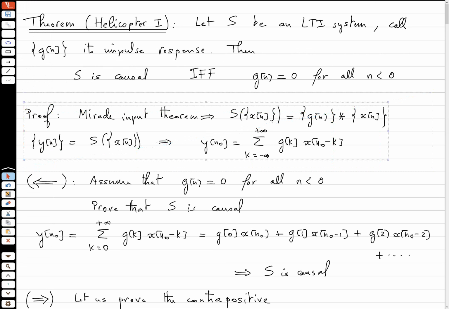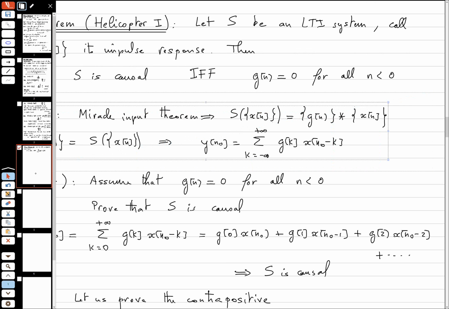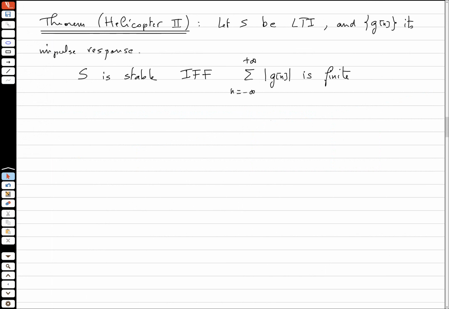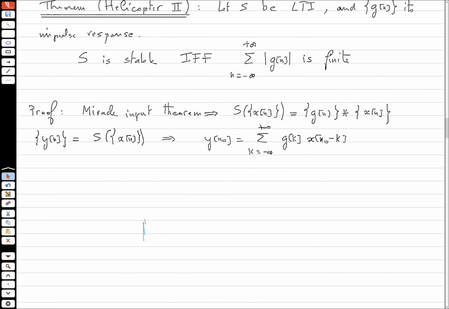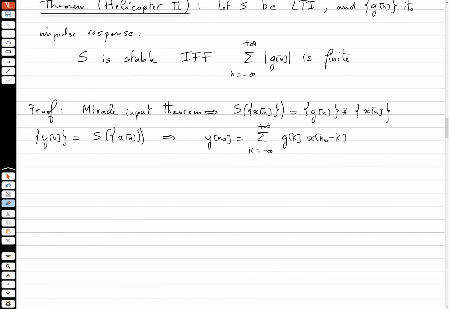That's why I copy it. We have this. By the main input theorem, the output is the convolution between the impulse response and x of n. So y of n, here we don't care about this. We have y of n equals this in general.